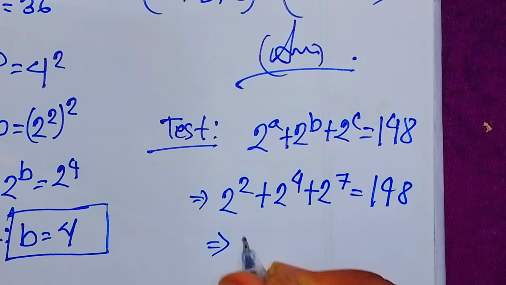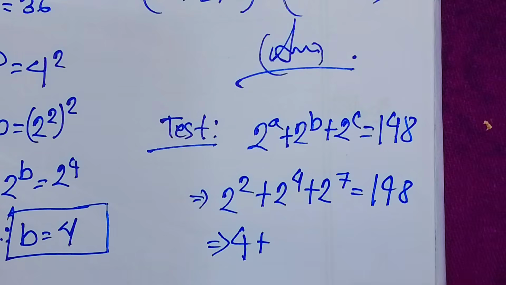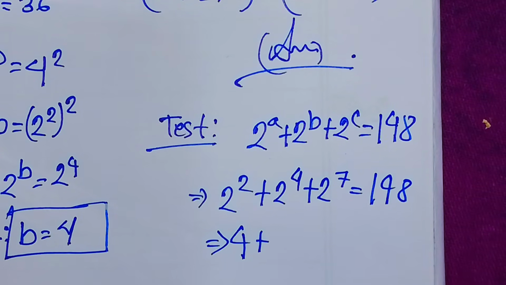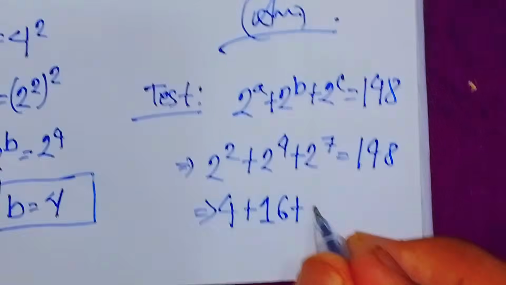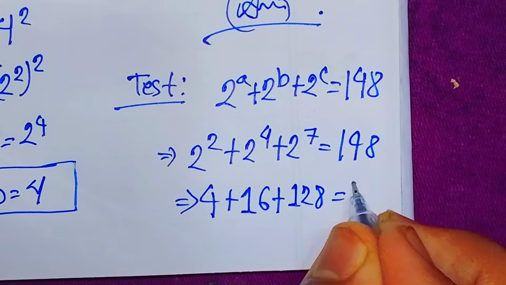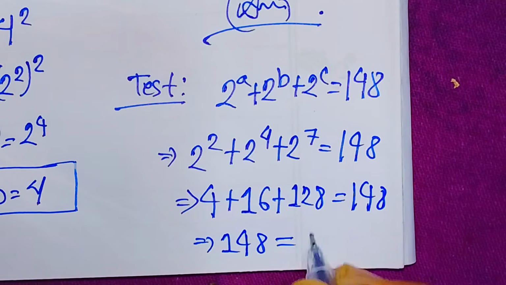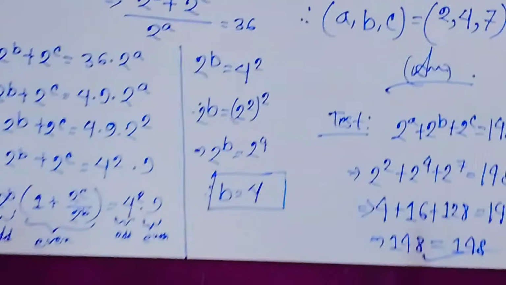So 2 square will be 4, plus 2 to the power 4 equals 2 times 2 times 2 times 2, so it will be 16. Am I right? 16. And 2 to the power 7 will be 2 times 2 times 2 times 2 times 2 times 2 times 2, which is 128. So 4 plus 16 plus 128 equals 148. So 148 equals 148. So this is our correct answer. The value of a, b, c of the equation is correct.